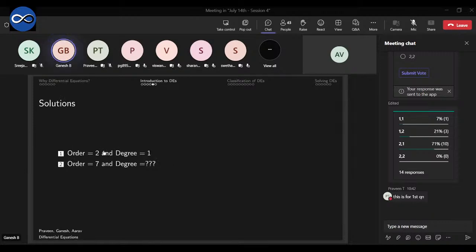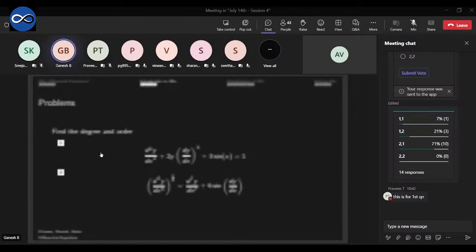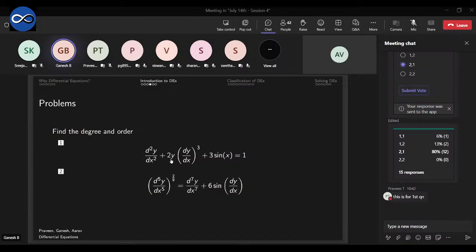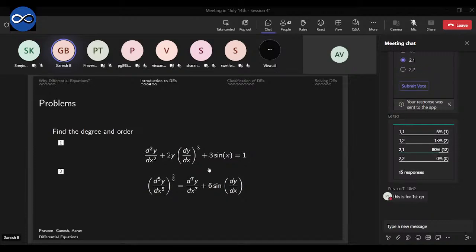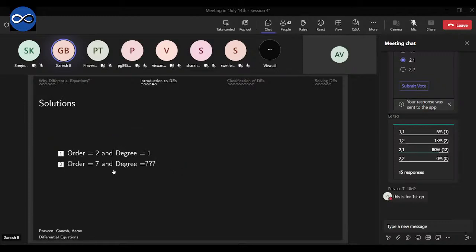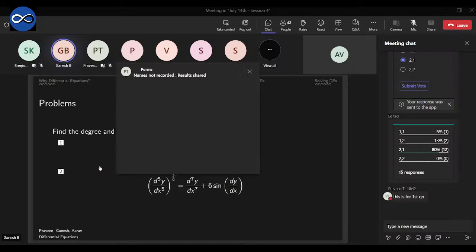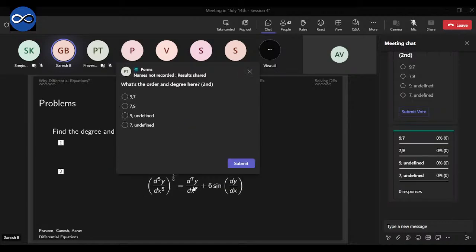The first one should be of order 2 and degree 1. That's because the highest order derivative involved in this equation is this d square y by dx square. So this is an order 2 differential equation, and the degree of the order 2 term is 1. So the degree of the differential equation is also 1. And for the second question, you notice that the order is 7. That's pretty obvious because the highest order derivative here is d7y by dx power 7.